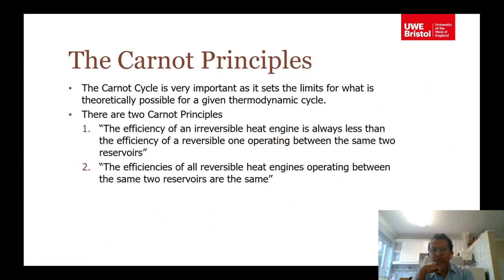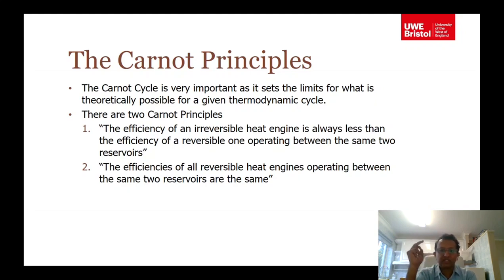This is very important. The efficiency of an irreversible heat engine is always less than the efficiency of a reversible engine operating between the same two reservoirs. That means if you have a hot reservoir and a cold reservoir, any engine that works between those reservoirs has a maximum efficiency.